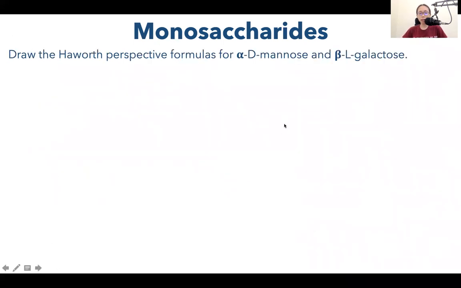So let's practice by drawing the Haworth perspective formulas for alpha D mannose and beta L galactose. Let's start with alpha D mannose. As a reference, let's first draw the linear structure of alpha D mannose.